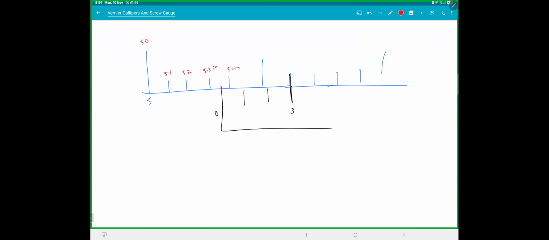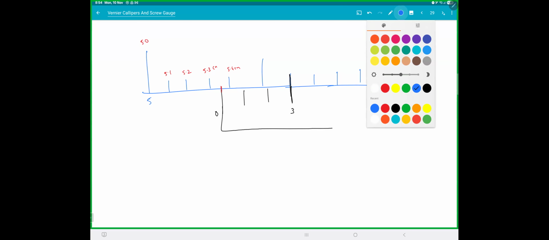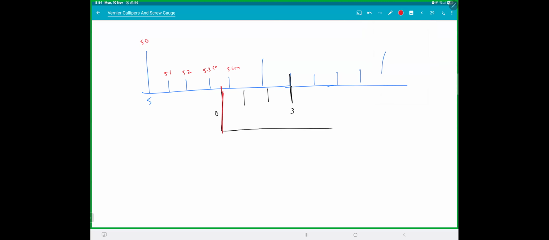Okay? Tell me one thing. If the answer was exactly 5.30, how would the picture have looked? If it was exactly 5.30, shouldn't this 0 here be exactly matching with the 5.3? Do you guys agree with that? If that 0 exactly was on top of 5.3, the answer would have been 5.30. But the 0 didn't match, but the third division matched.